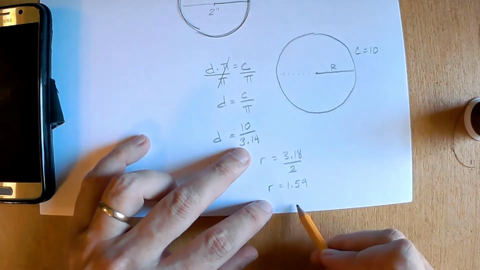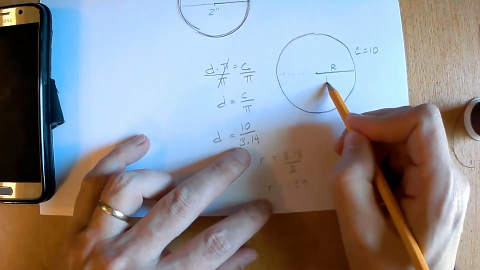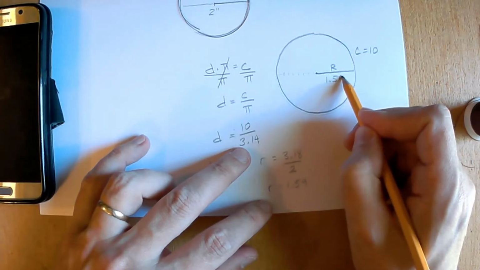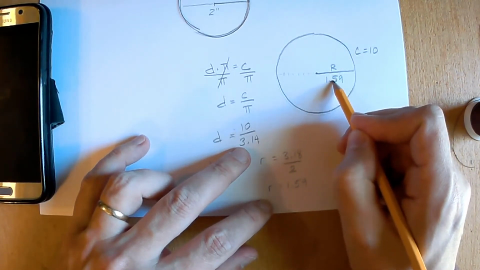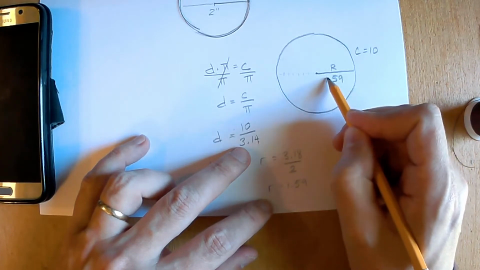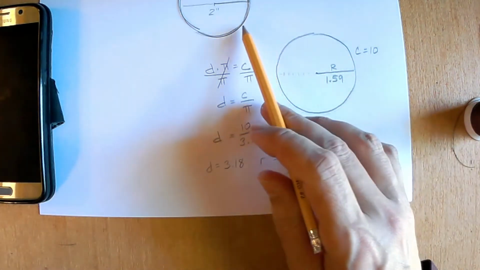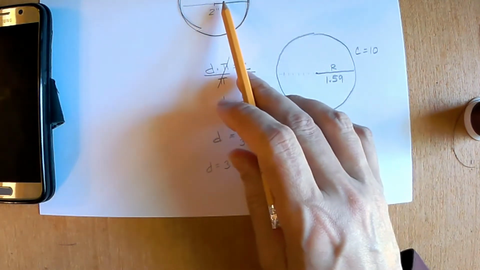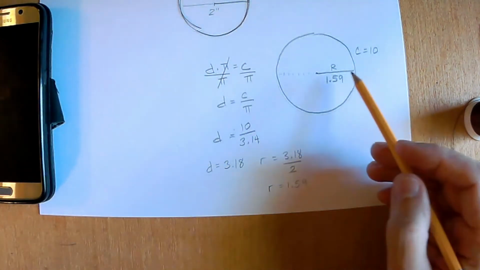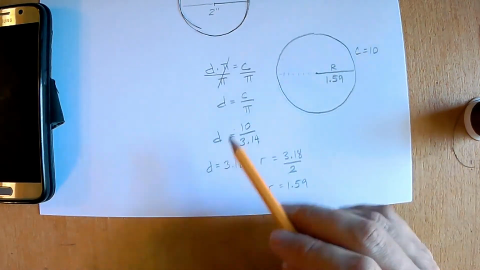So 1.59 would be our radius, just a little short of 1 3/5 of an inch, right? That's how you find the circumference given the radius and how you find the radius given the circumference.